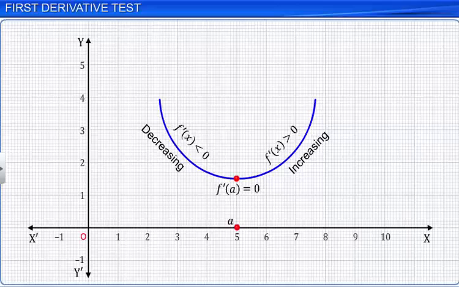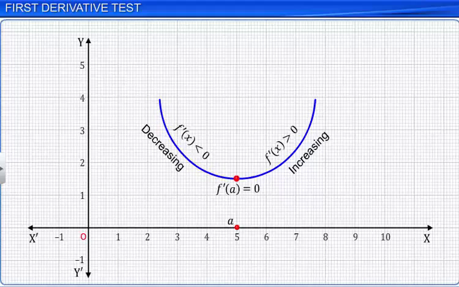Let us now geometrically define local maxima and local minima with the help of graphs using the first derivative test. This figure shows the graph of a continuous function f defined on an open interval I. Let a be any critical point in I. Here, we can observe that the derivative of f is negative at every point sufficiently close to and to the left of a.